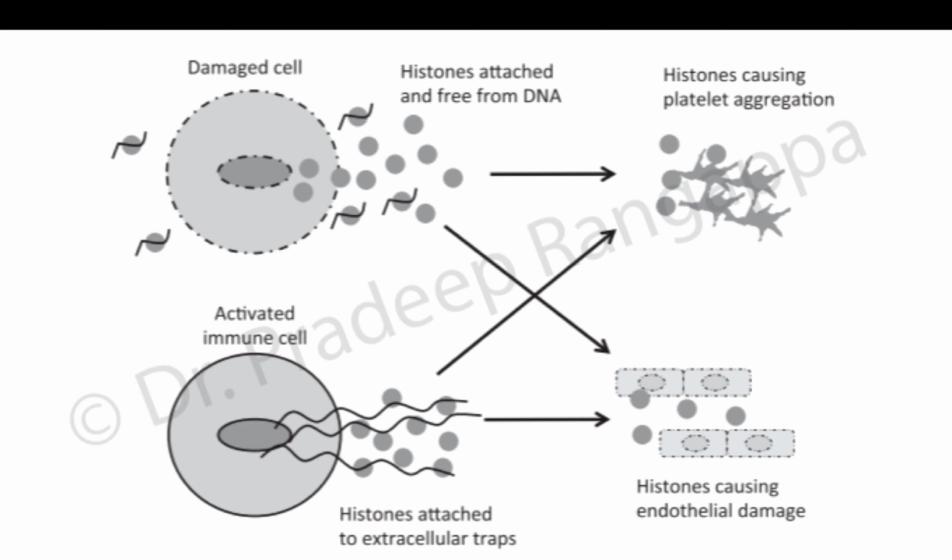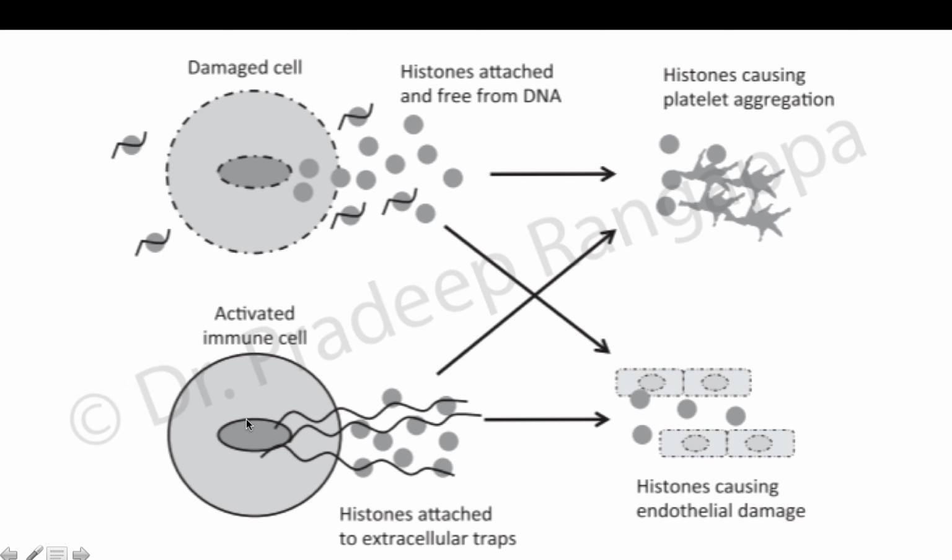So when you look at the other pathophysiological mechanisms of why thrombocytopenia occurs, this is the recent update where they have shown that when there is damage to the cell, there is histone production from the cell. These histones either appear in a free form or they can be attached to DNA, and these histones lead to the clumping of platelets, the platelet aggregation.